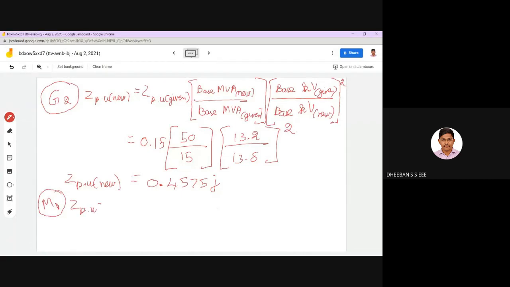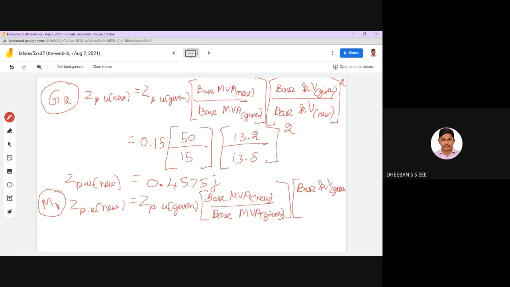Z per unit new will be equal to Z per unit given into base MVA new by base MVA given, into base kV given by base kV new, the whole square.